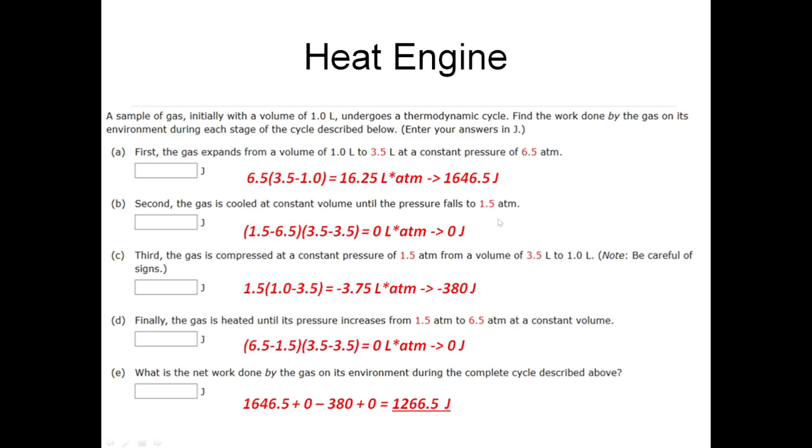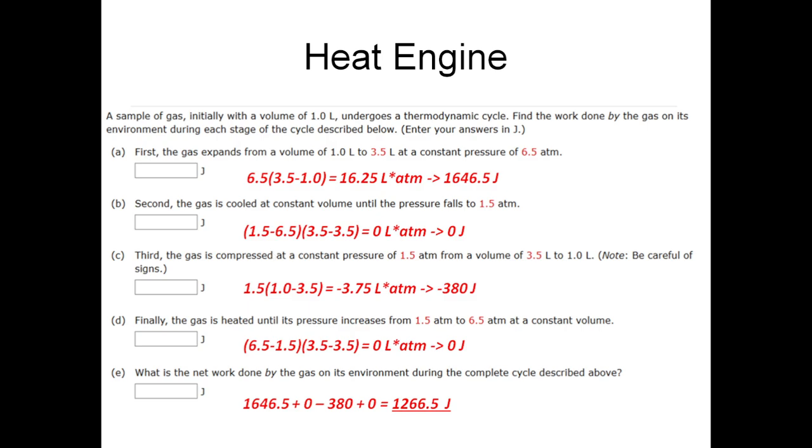Now, our formula can technically handle a change in pressure. Change in pressure is fine. In this particular case, our pressure is falling from 6.5 down to 1.5. So that's a change in pressure of 5 atmospheres, which is a lot. The formula can actually handle that. You're allowed to plug in a difference in pressure.